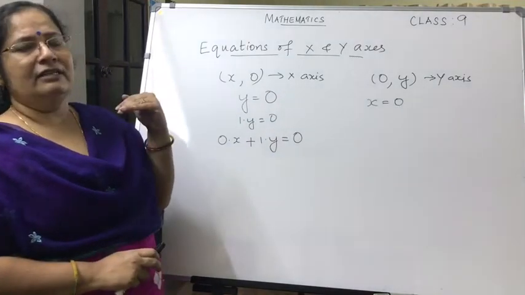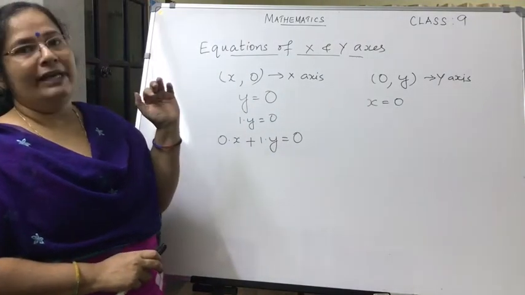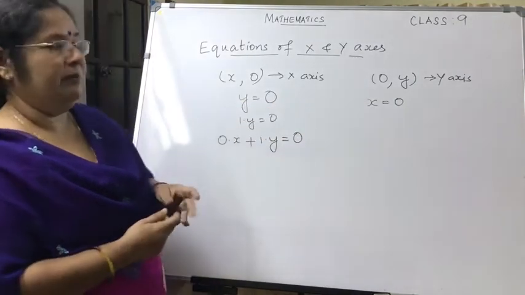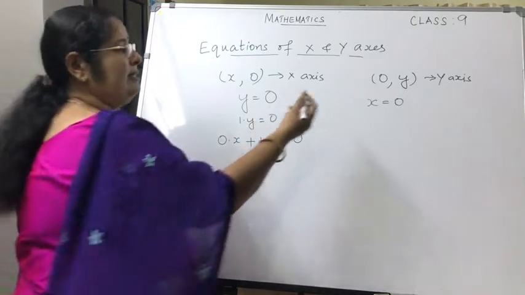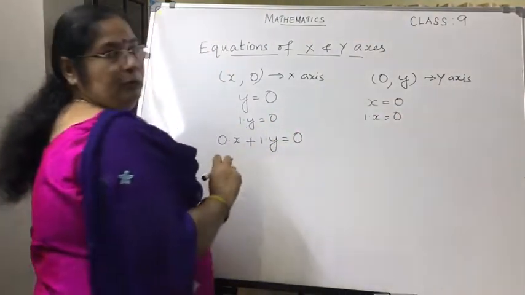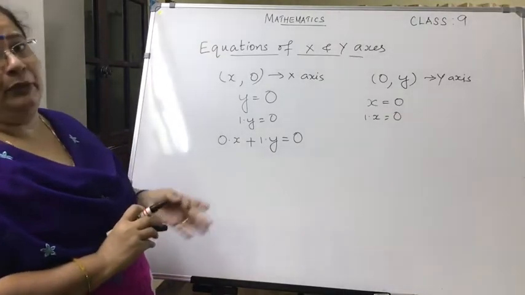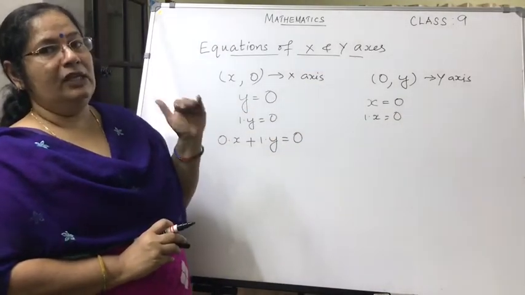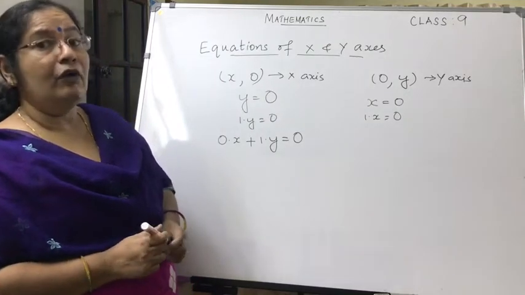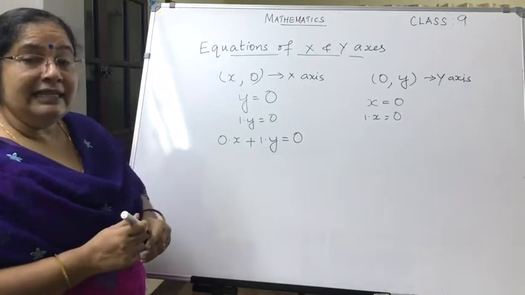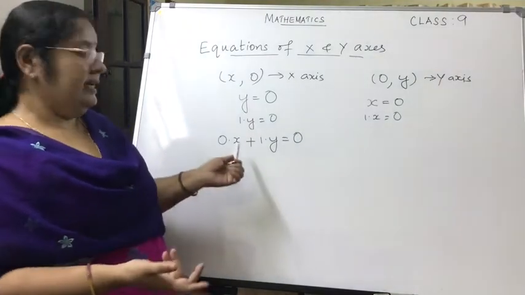Same way, let us go for equation of y-axis in one and two variables. This is the equation in one variable. Normally, how will you write it? It is same as writing 1 into x is equal to 0. So, x is 0. Now, how will you write this in two variables? Equation of y-axis, how will you write in two variables? You should have both the variables same as here.